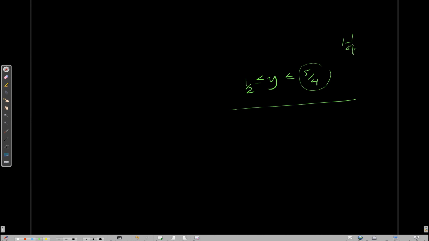So that's obviously greater than 1/2. So y is larger than 1/2, and 1 and 1/4 is somewhere here. So in interval notation, this is our solution.